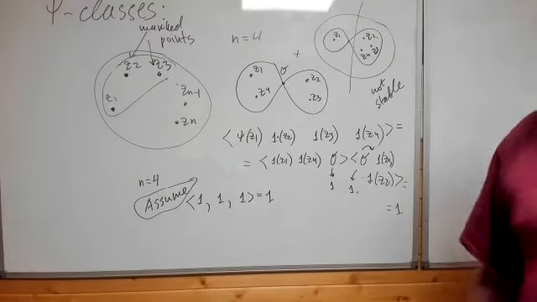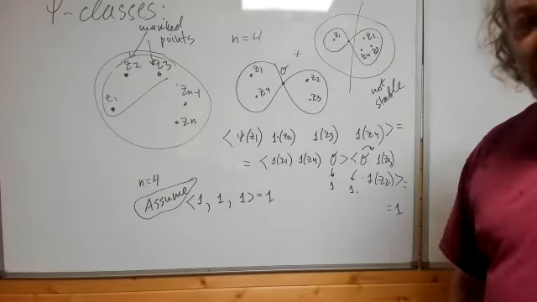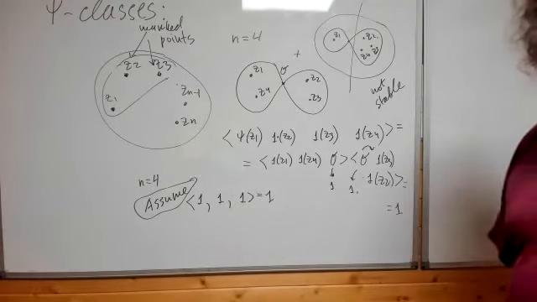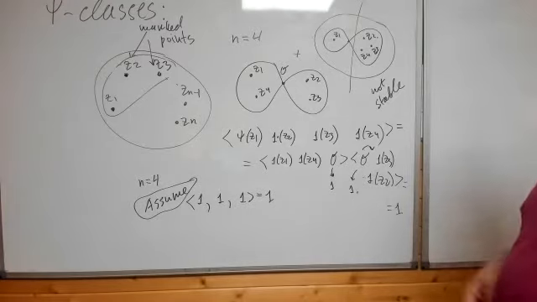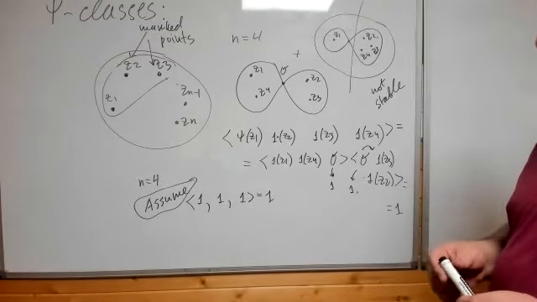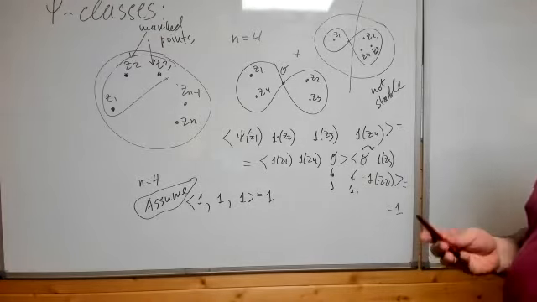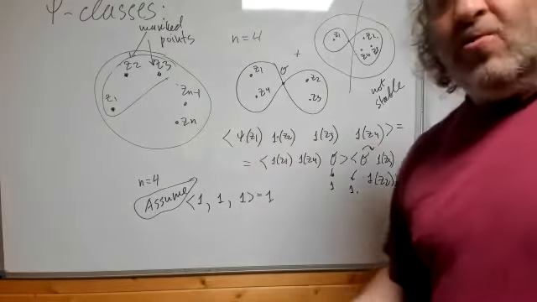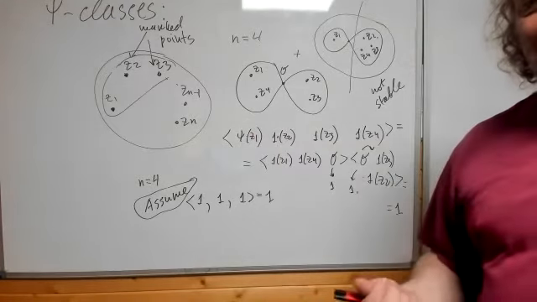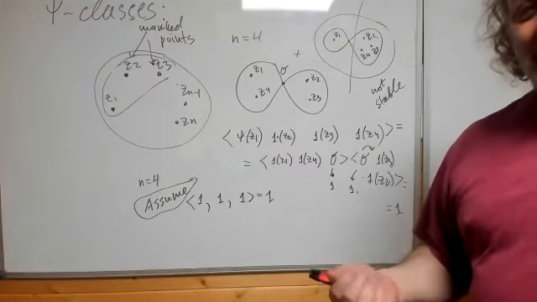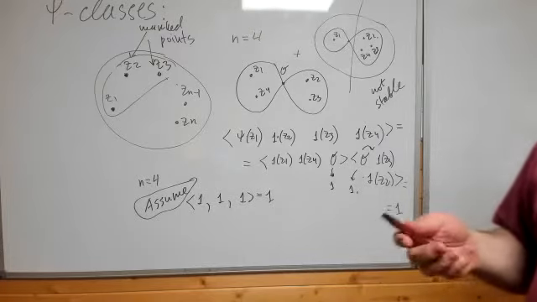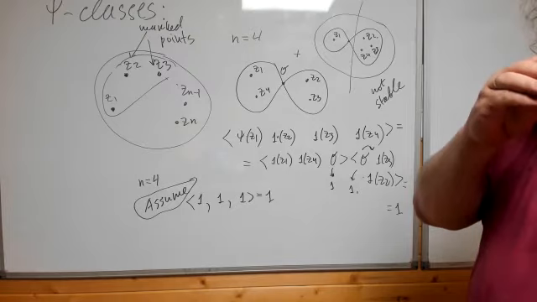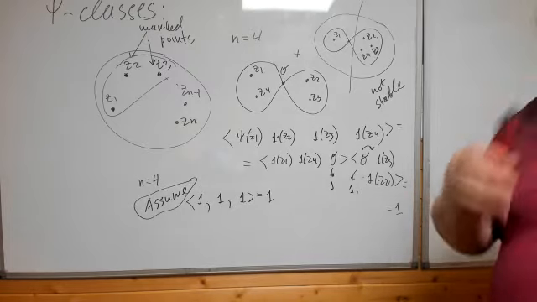I'm sorry, may I ask a question? Yes. So now here you already introduced the psi class, and the psi was our one form before. Psi was not a one form. Psi was the locus of the zeros of the one form. Okay, I see. Thank you.